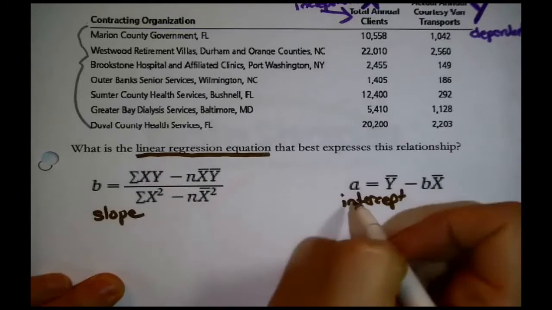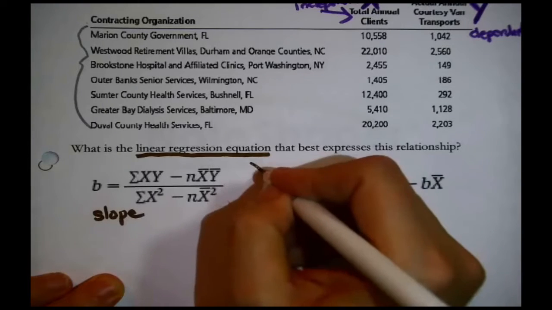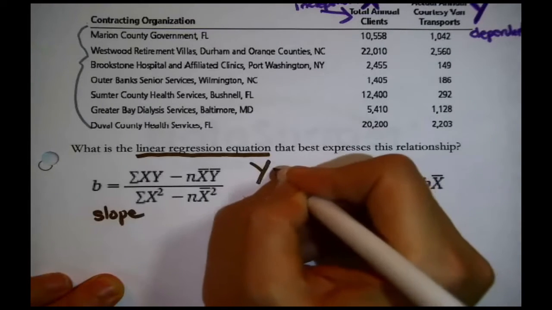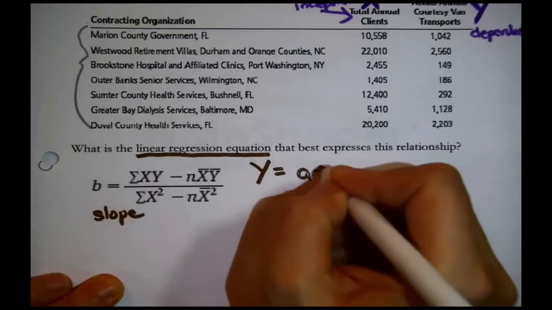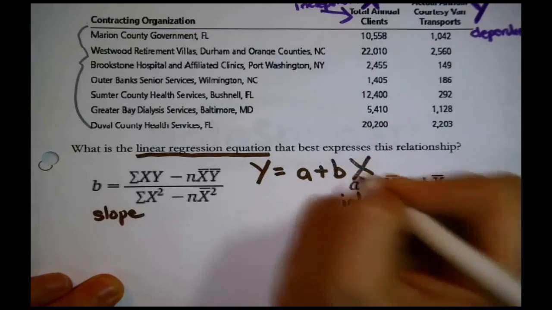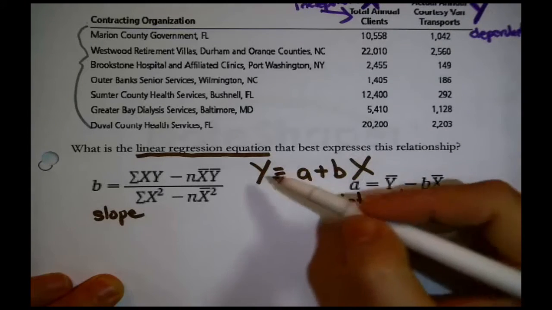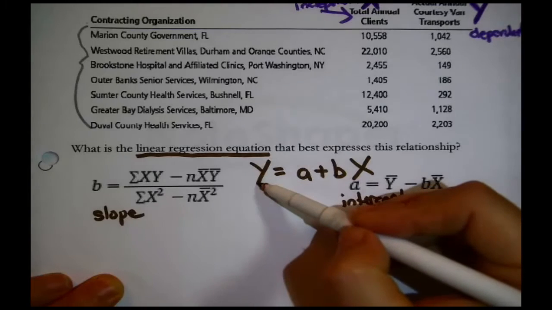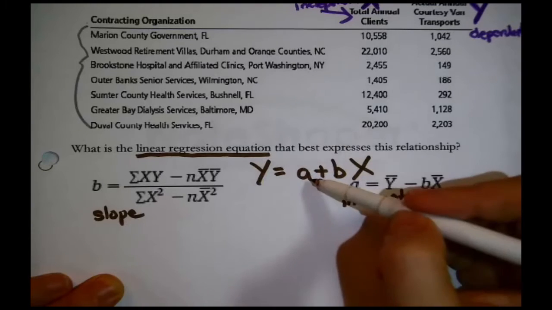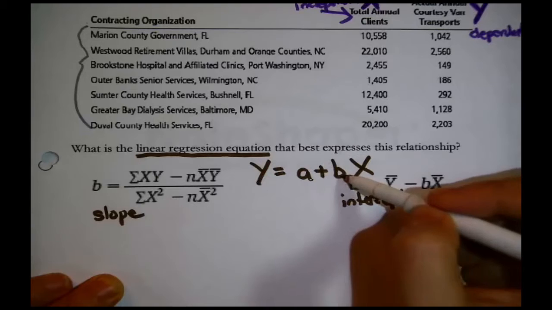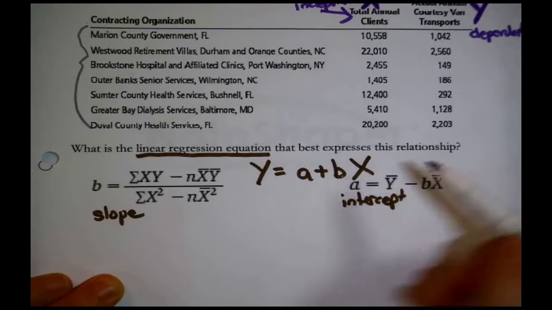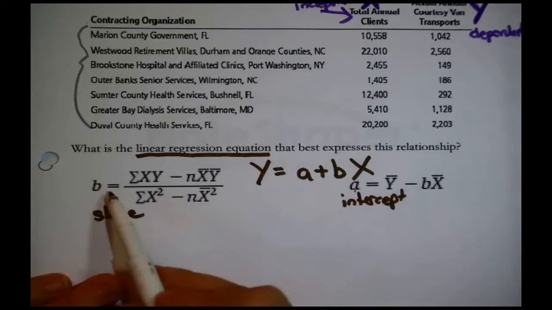Not what's the slope, what's the intercept? We just have to remember that it is Y equals A plus B times X. If you wanted to estimate how many van transports would be needed, you'd take this number plus this number times the number of clients. That's our means of finding that number and that number.